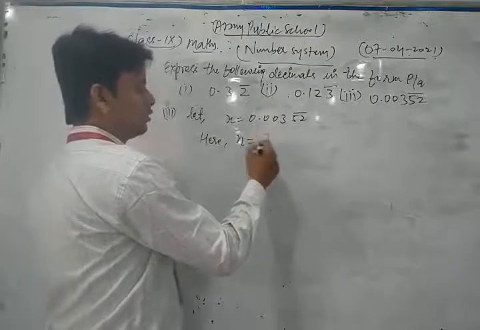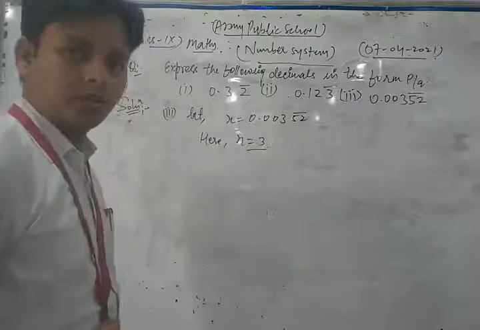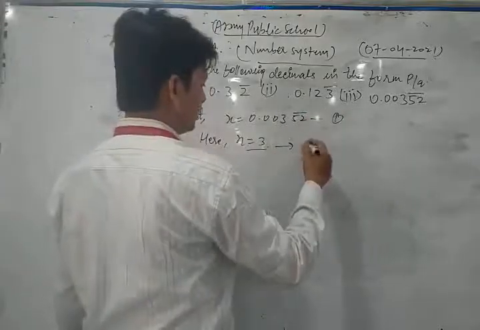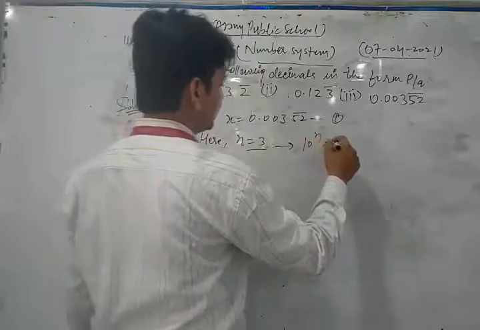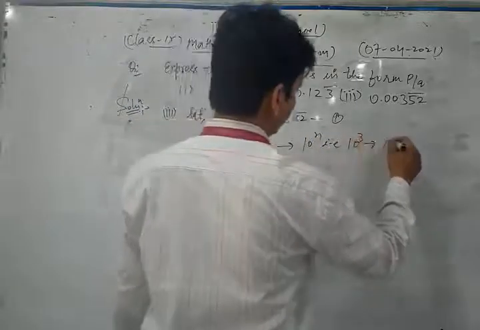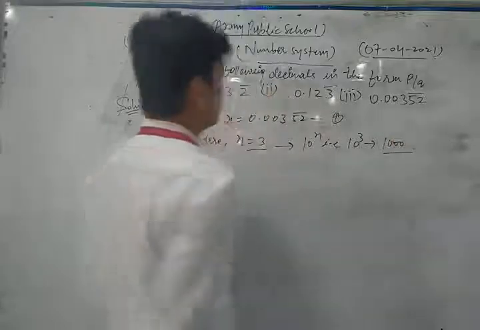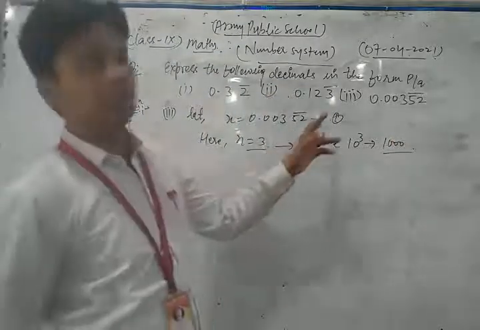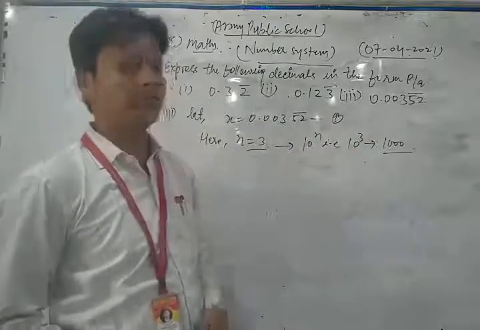So we take n is equal to 3. After that, we must multiply both sides of equation 1 by 10 to the power 3, that is 1000.